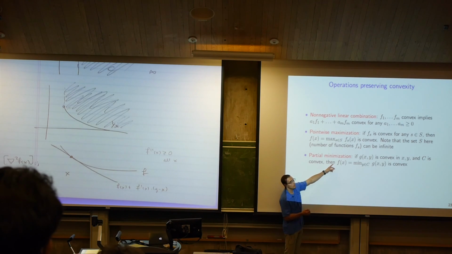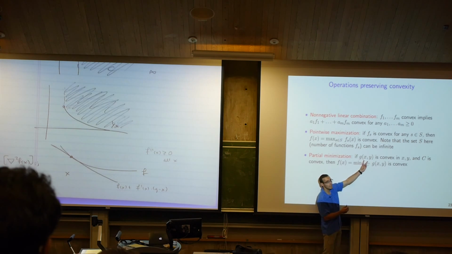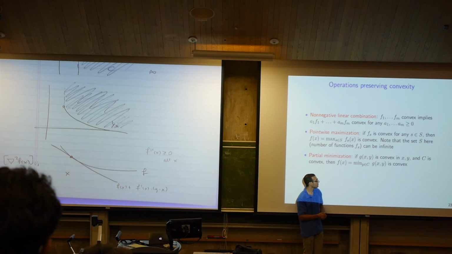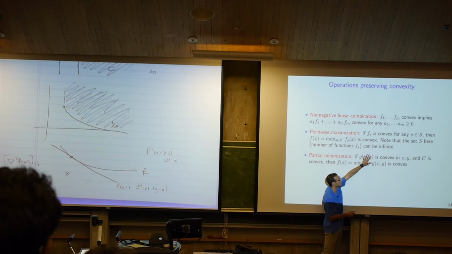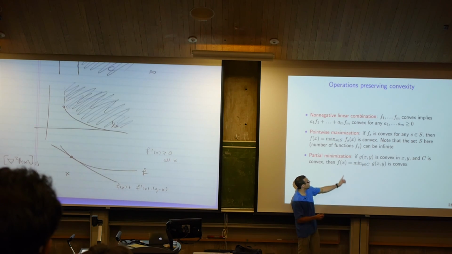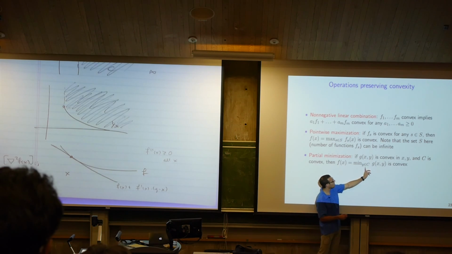This one is about minimization rather than maximization, and it requires a bit more conditions for this to be true. If I have a function g that's jointly convex in two parts, x and y, meaning it's convex in its argument z, which is (x, y), and C is a convex set, then I can minimize partially.